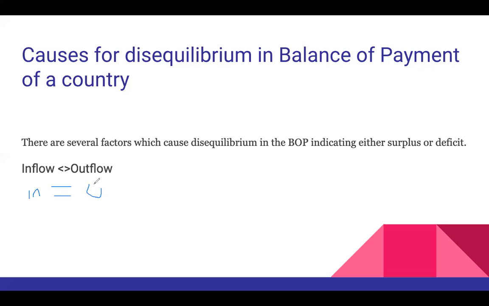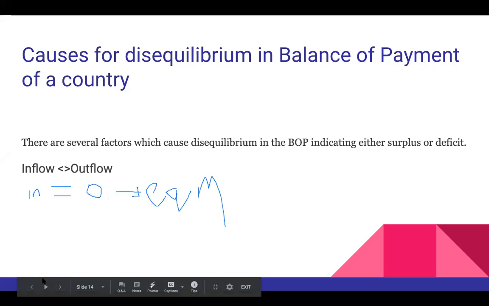Inflow equal to outflow gives me equilibrium. So just remember this: inflow equal to outflow is equilibrium. Inflow not equal to outflow is disequilibrium. Surplus or deficit always indicates disequilibrium.